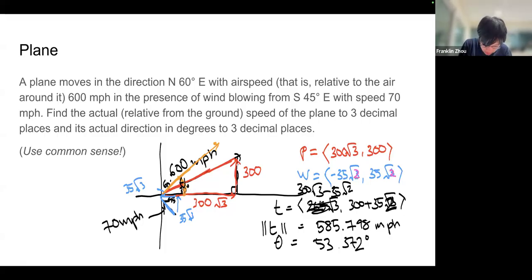It's not? Oh, wait, hold on. Oh, yeah. In this case, it would actually be 36.628 degrees. Just calculation.